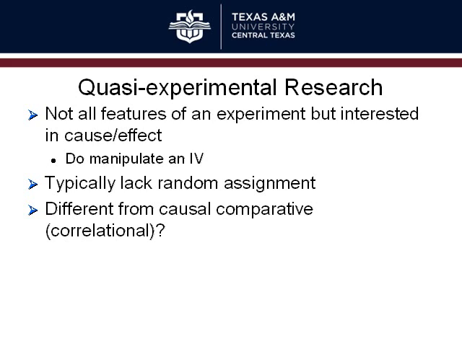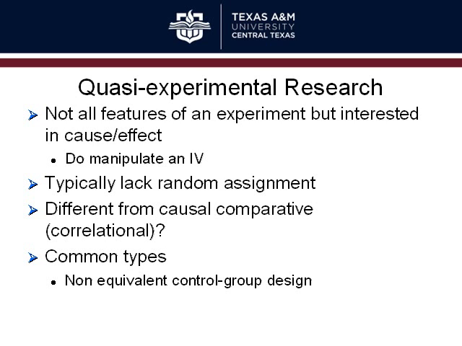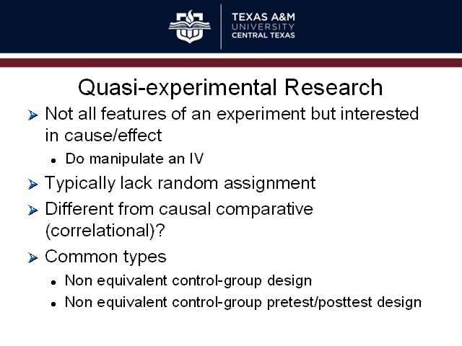That's a correlational study. If you are manipulating, you are going to do something different to one group than the other. That goes a little more toward internal validity than a correlational study. Gets closer to an experiment, but if you didn't randomly assign people to one group or the other, not quite there. So it's quasi-experimental. Most commonly used types would be your non-equivalent control group design, right, where you have two groups, do something to one different than the other and measure post-test only, or improving upon that would be the non-equivalent control group pre-test post-test design.